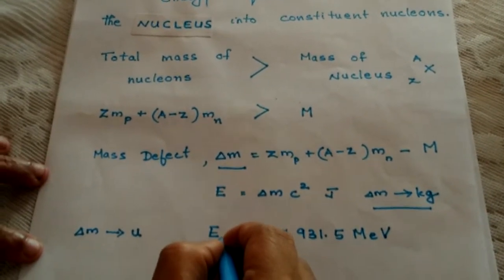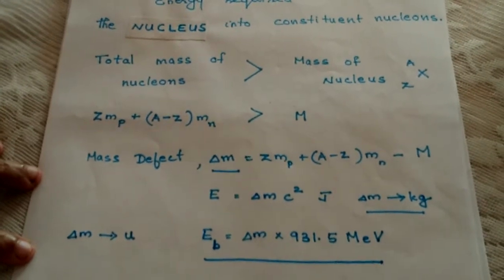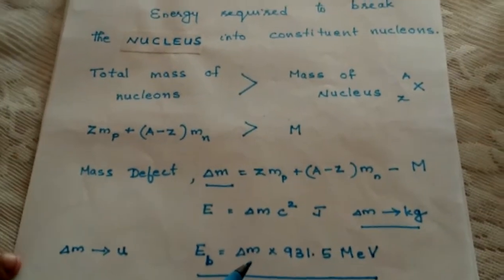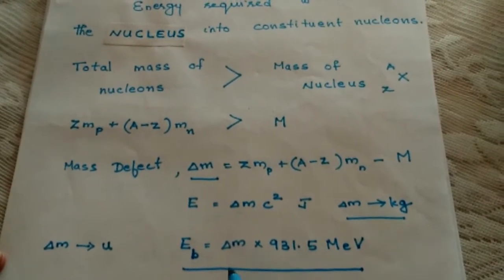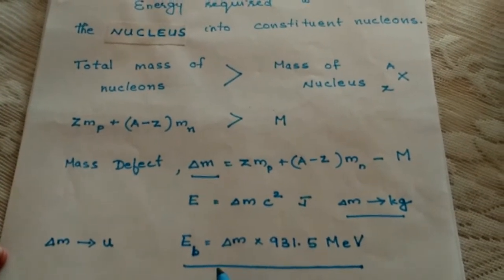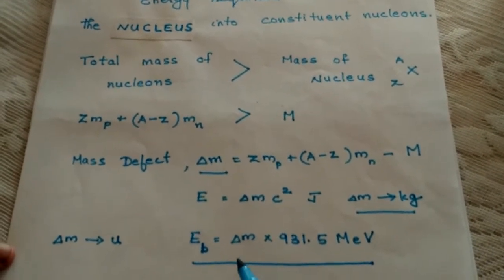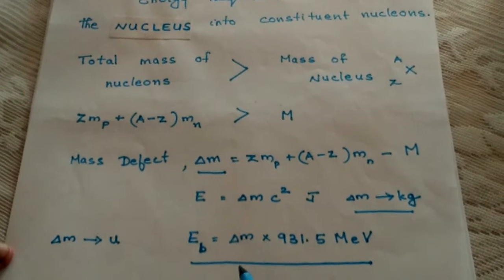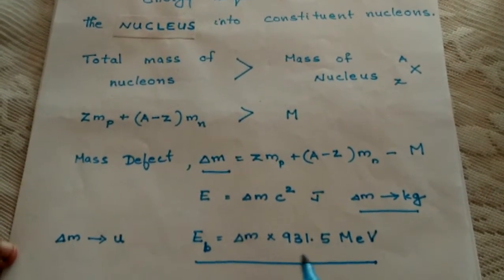And this energy is known as binding energy. The binding energy is the energy released when a nucleus is formed from the constituent nucleons, or it is the energy supplied to break the nucleus into constituent nucleons.